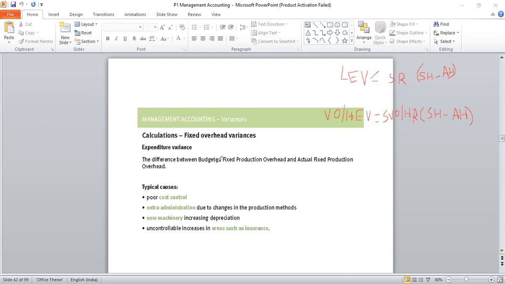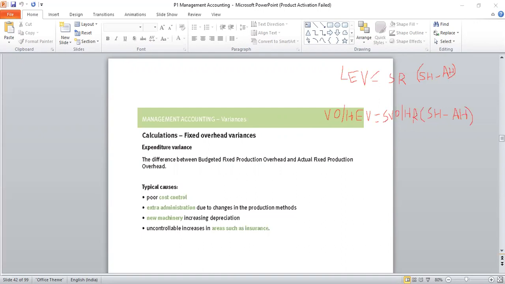So here we do not go ahead calculating what is the fixed overhead rate per unit, but rather our focus will be to find out what is the difference between the actual fixed cost incurred and the budgeted fixed cost, or the standard fixed cost. So the basic variance analysis involves finding out the difference between the total amount of fixed cost and the actual amount of fixed cost.